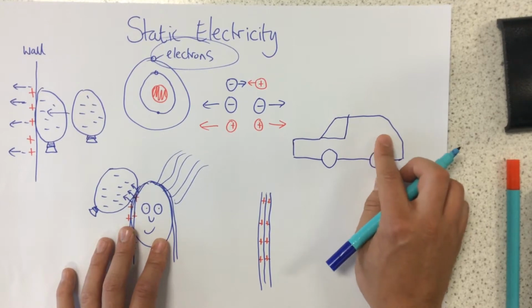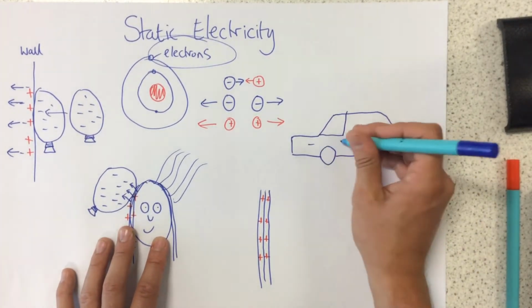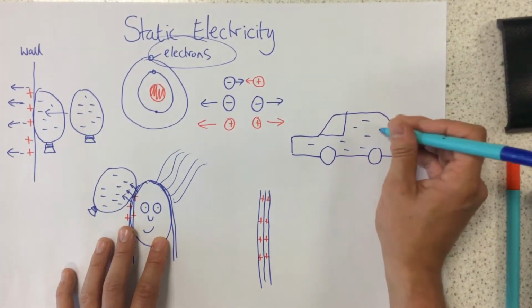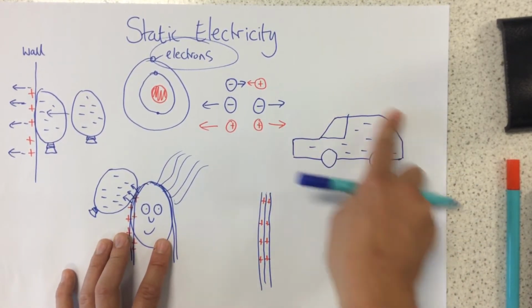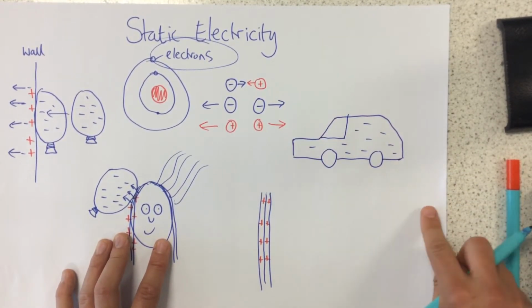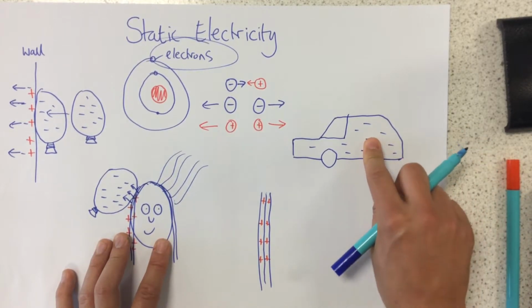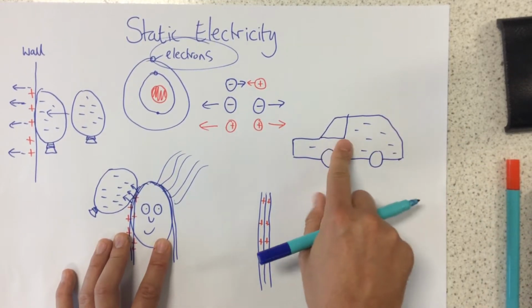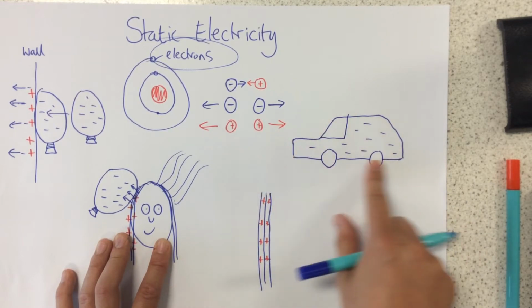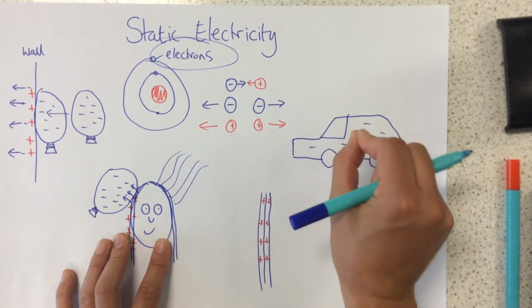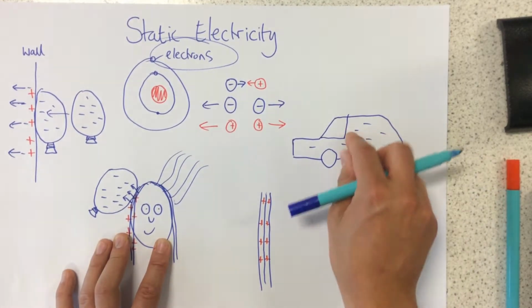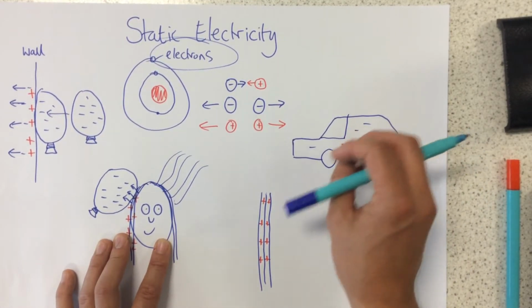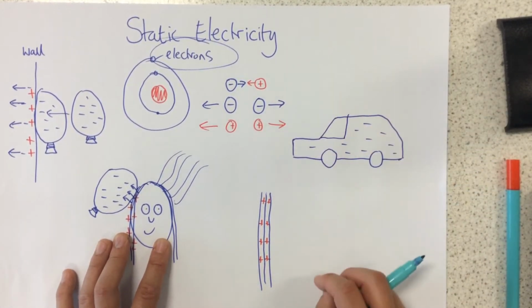And as a result, your car could get a certain charge. Now, this could potentially be dangerous because if you went to refuel your car, there could be a sudden discharge of this static charge, and the electrons could suddenly flow out of the car, causing a spark. And if it was in a petrol station, it could cause an explosion.